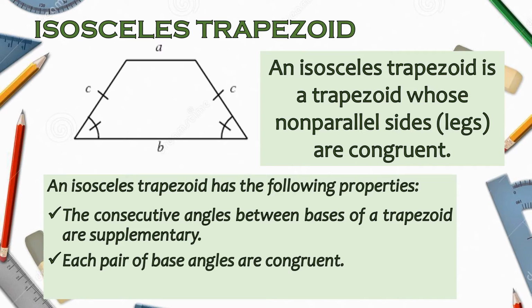Second one, each pair of base angles are congruent. And the third one, the diagonals are congruent. So, balikan ulit natin, ang consecutive angles, supplementary, pero yung base angles, sila yung congruent. Tapos, ang diagonals niya ay congruent.